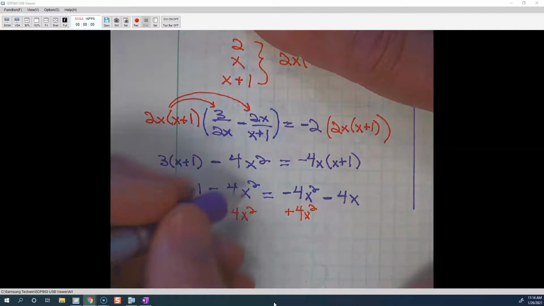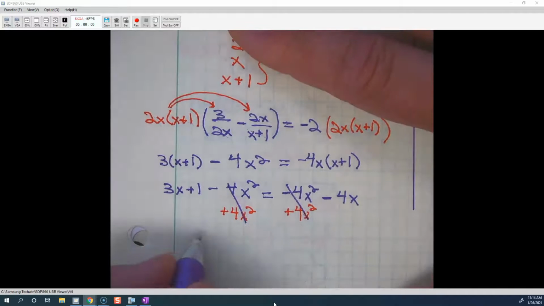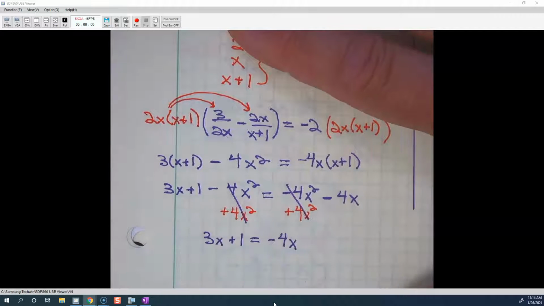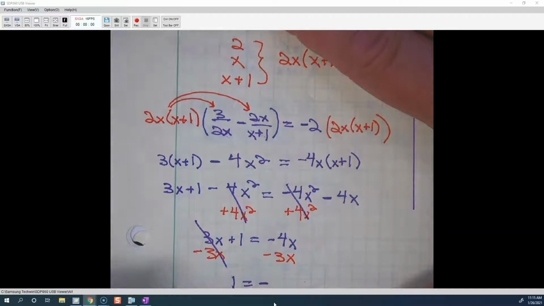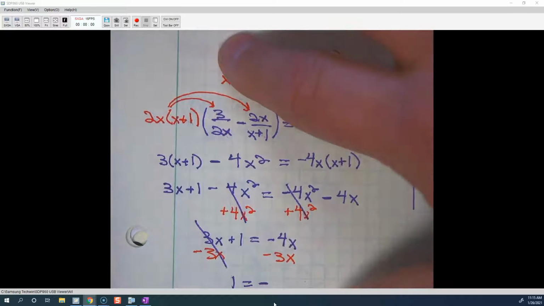Okay, so these cancel. And I get 1 is negative. Oh, wait a minute. I forgot. I made a mistake up here, guys.